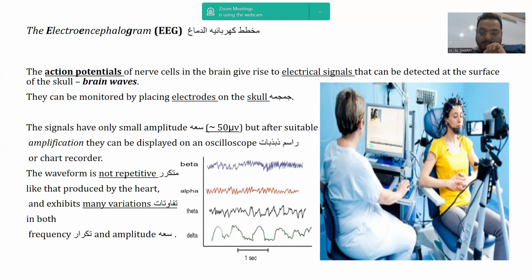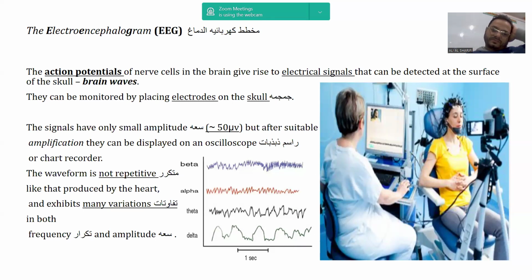This potential on her skull is a small amount, approximately 50 microvolts, not millivolts. So by an amplification process, the electrodes increase it and send it to the EEG device.